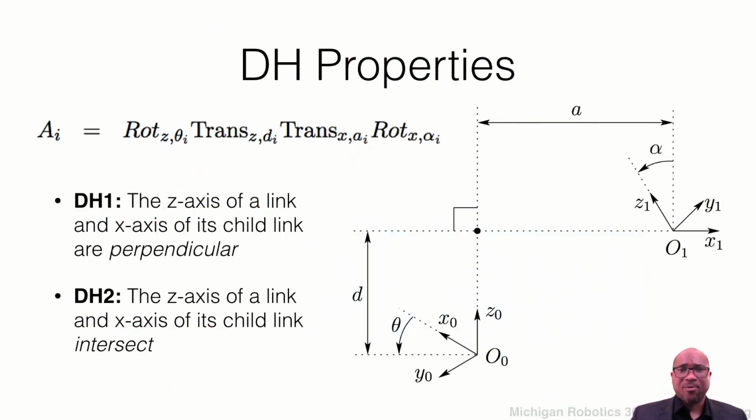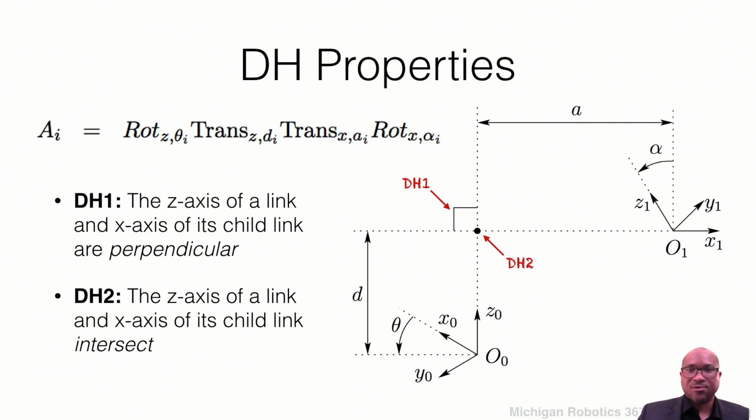DH has certain properties that make it very useful. If we consider our child frame here, frame 1, with respect to our parent frame here, link 0, there are 2 properties that DH maintains. The x-axis of frame 1 will always intersect the z-axis of the parent frame, and not only do they intersect, but they will be perpendicular.